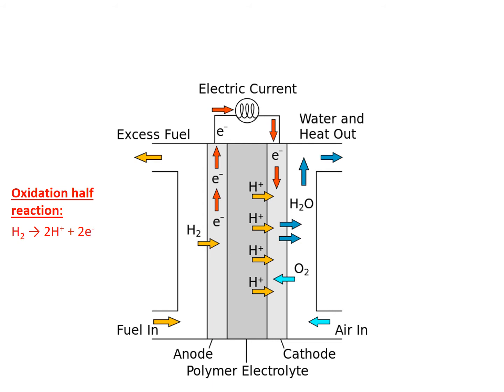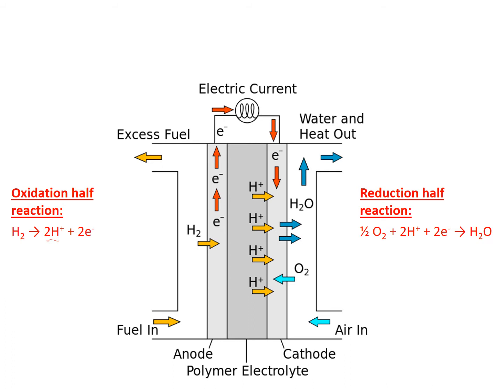The hydrogen ions, the other product of that oxidation process, are actually transferred also to that second electrode, but they are passed through an electrolyte medium that will allow them with the electrons to recombine along with the other reactant in the net process, which is oxygen gas. So the oxygen is cycled in from the air and passed over that second electrode in that second half cell. And it, along with the hydrogen ions and those two electrons, recombine to form H2O.